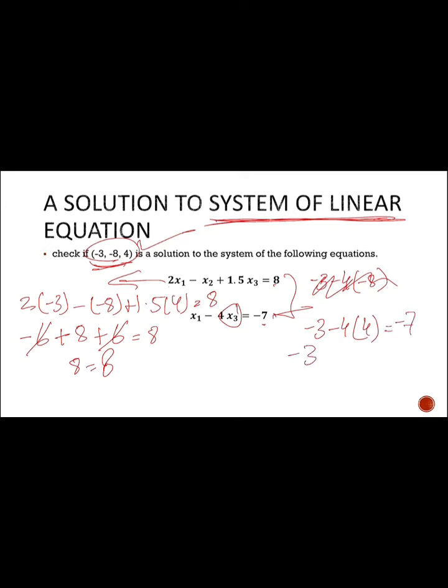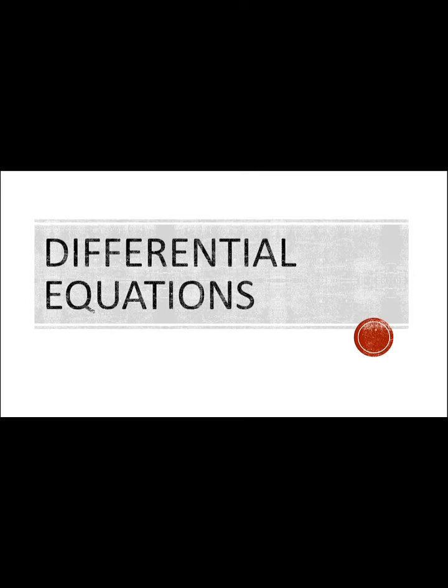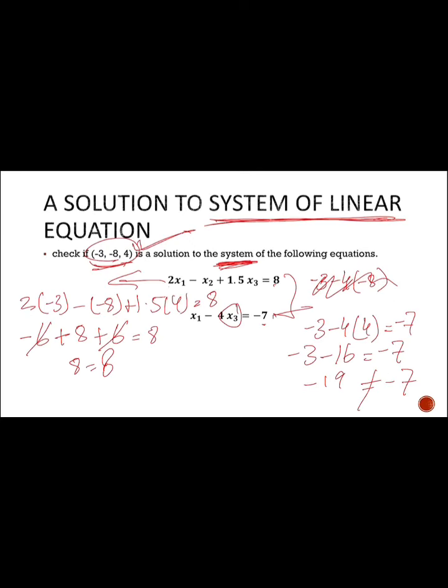Minus 3 minus 16 equals minus 7. Is it? Minus 19 is not equal to minus 7. So this is not the solution of the system of the following equations. Okay, we are done for this part.